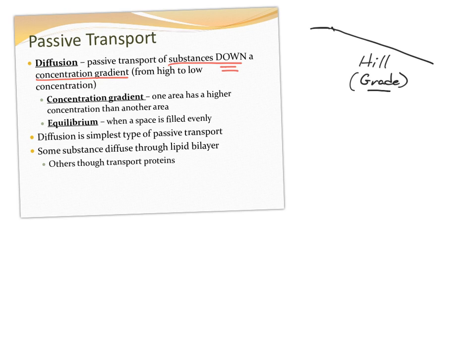Another usage of the word gradient is in art, where you have stuff like this when you're doing what's called cross-hatching, and you have this section here. As you move down the gradient, what happens? It gets lighter, right?